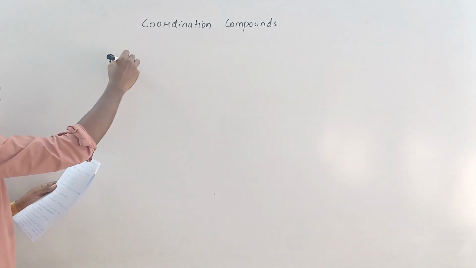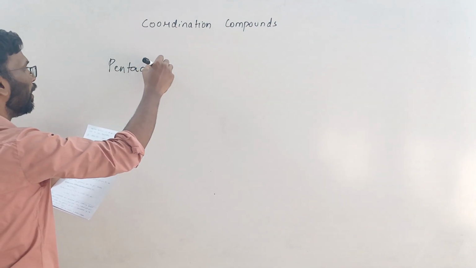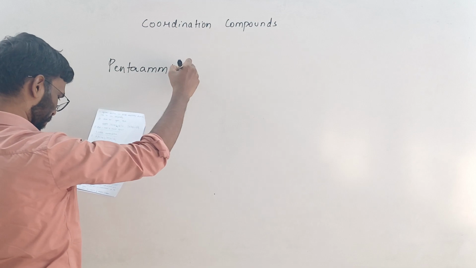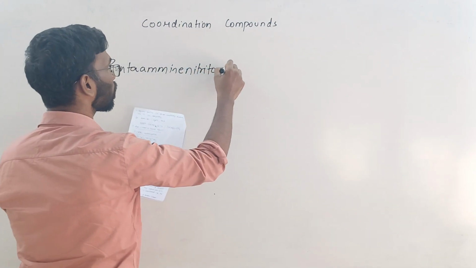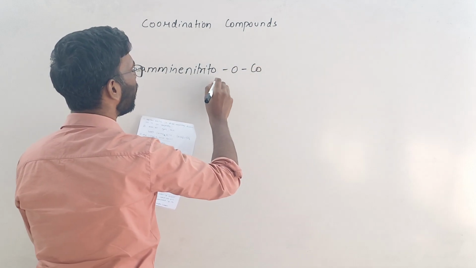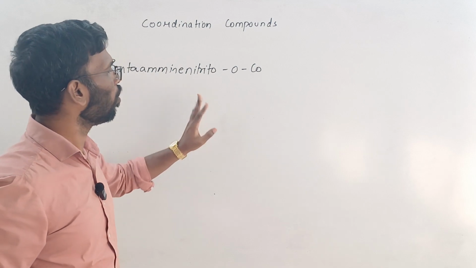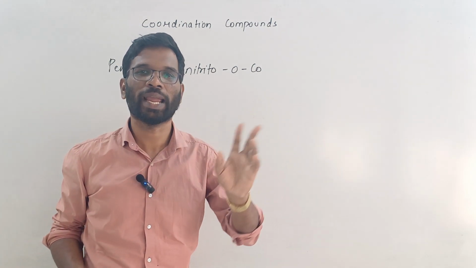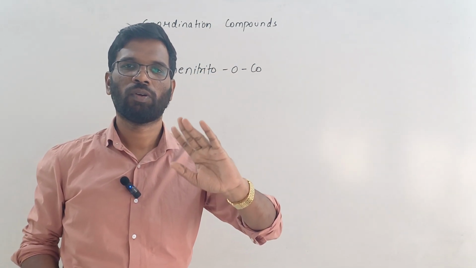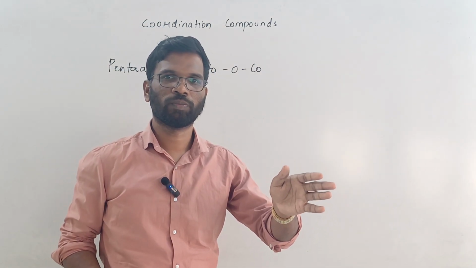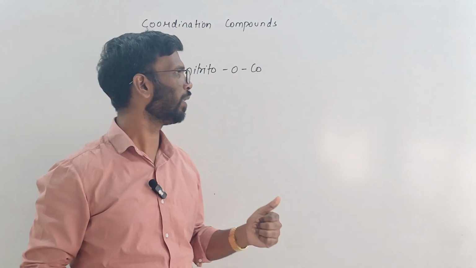The name given is pentaamine nitrito-O. Nitrito-O means here NO2 is connected through oxygen, because NO2 is an ambidentate ligand. Sometimes it connects through nitrogen, that time we write NO2, and when it is linking through oxygen we write ONO, right?